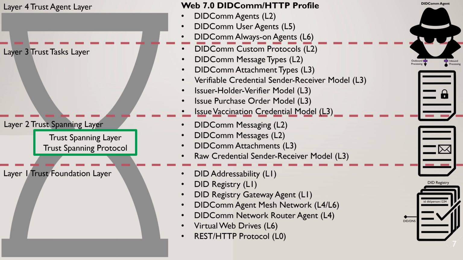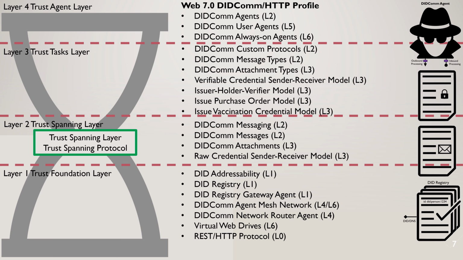So here's what the Web 7.0 trust spanning layer framework looks like. There's the 4 layers on the left, starting at the bottom, the trust foundation layer, followed by the trust spanning layer, followed by the trust task layer, followed by the trust agent layer.